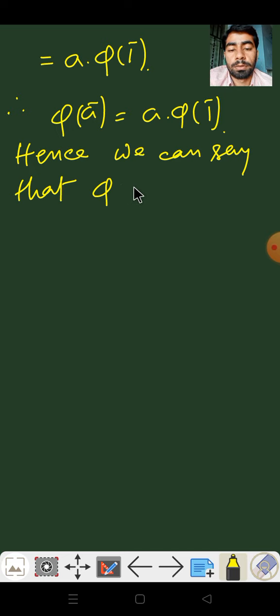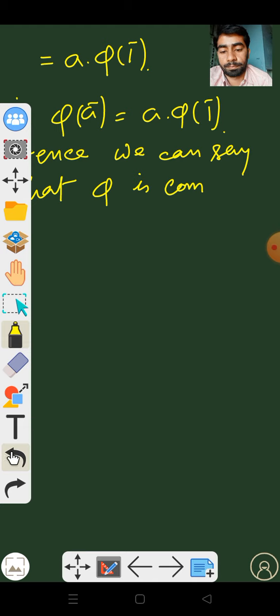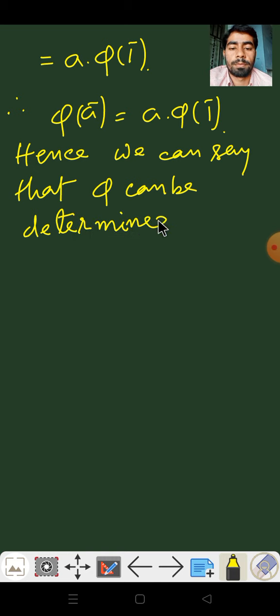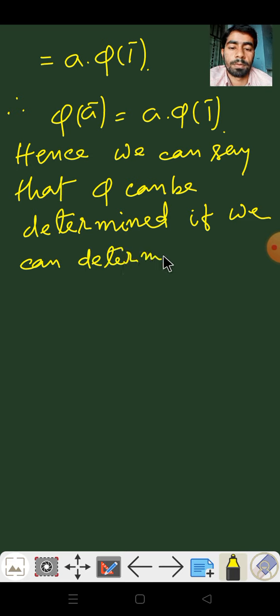So phi can be completely determined if we can determine phi of class 1.